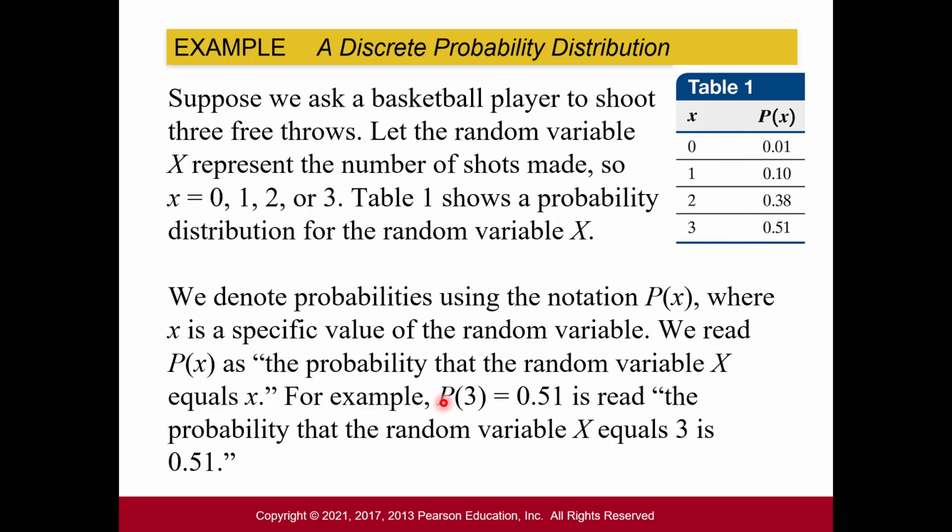So for example, P of 3 equals 0.51 says that the probability that the random variable X equals 3 is 51%, or 0.51. So in other words, in this situation, the probability of making all 3 free throws is 51%.